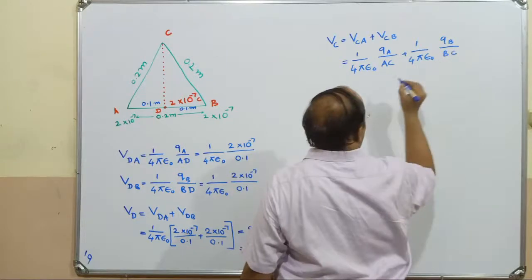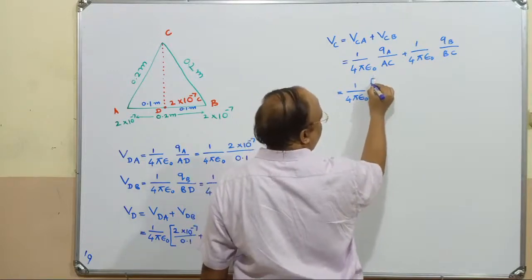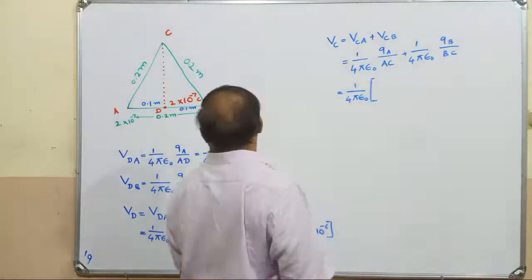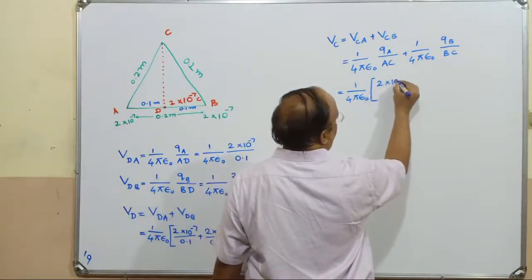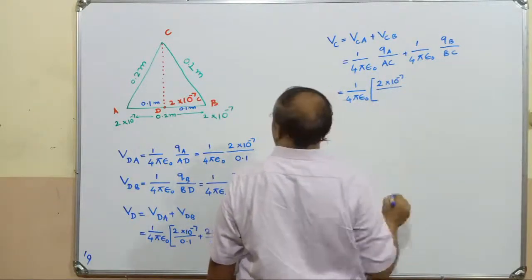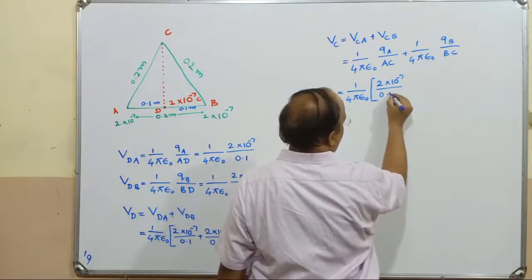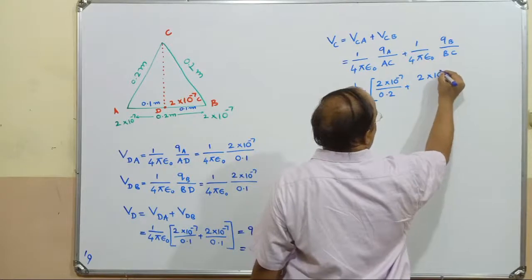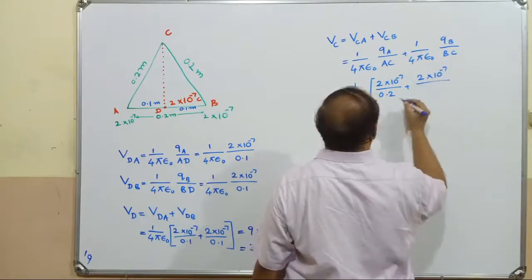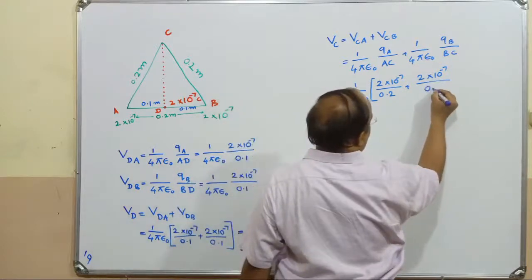So 1 by 4 pi epsilon naught, if you take common, what is QA value? It is 2 into 10 to the power of minus 7 divided by, this separation is 0.2. So QB is also 2 into 10 to the power of minus 7. BC value is 0.2.